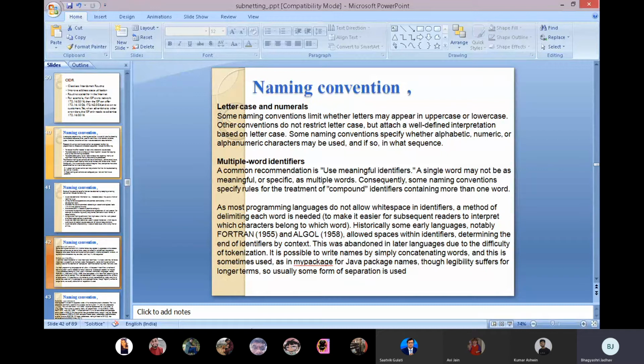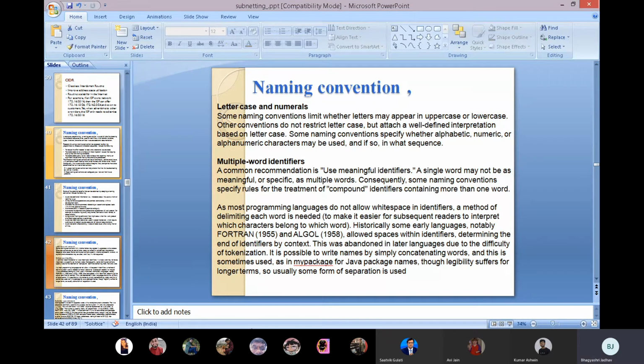Historically, some early languages, notably Fortran in 1955 and Algol in 1958, allowed spaces within identifiers, determining the end of identifiers by the context. This was abandoned in later languages due to difficulty of tokenization. It is possible to write names by simply concatenating words.